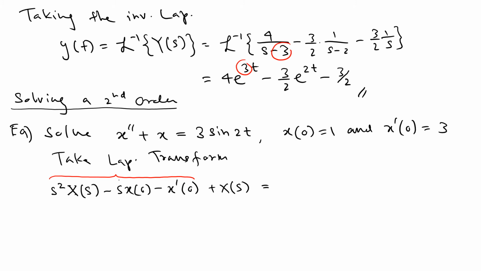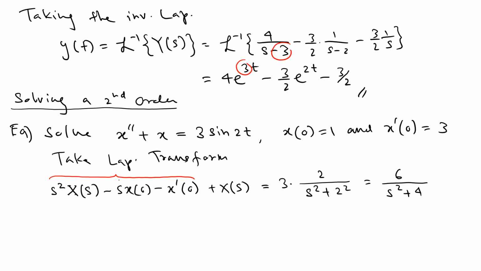On the other side, we have to use a table. This is sine 2t, so omega equals 2 in this case. If you use the table, we have 3 times 2 over s squared plus 2 squared. If you simplify, this is simply 6 over s squared plus 4.